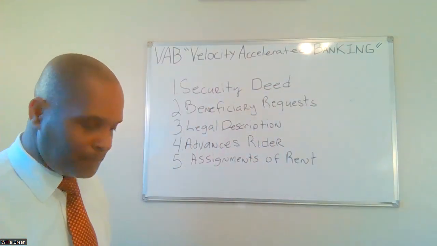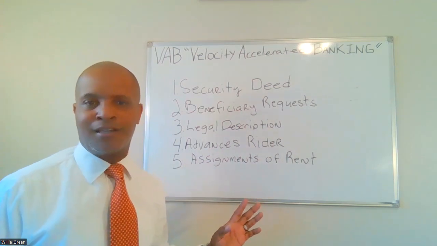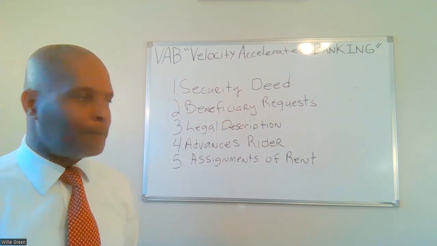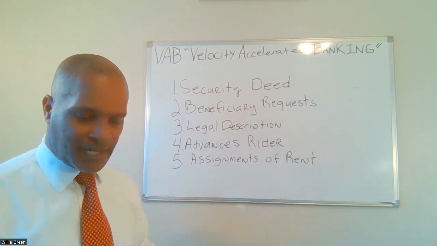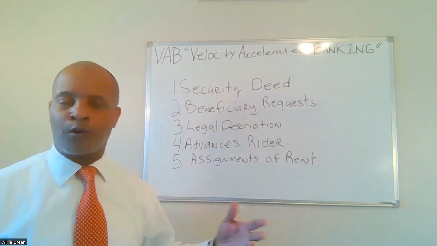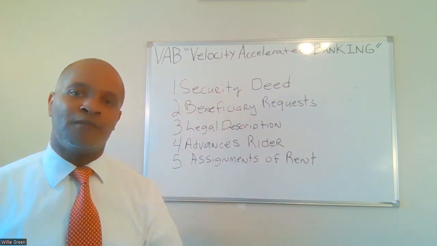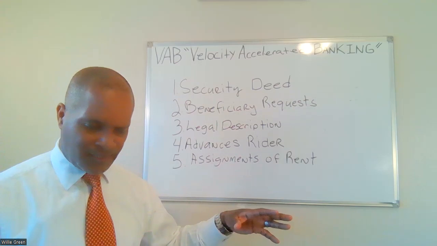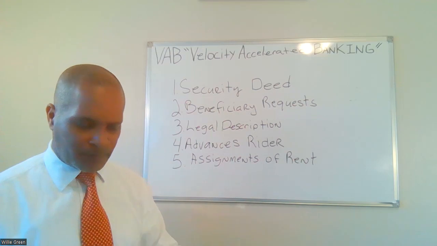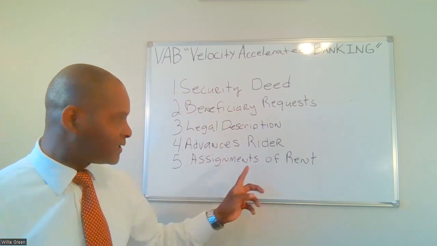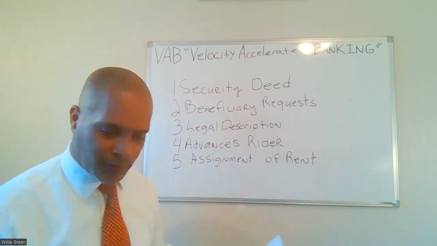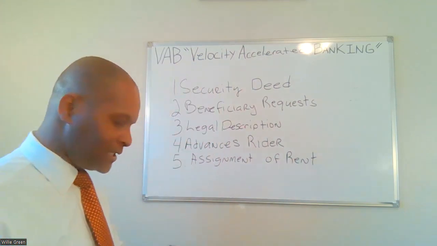And the last is assignments of rents. I looked this up before. The assignment of rents is that if I default, if I foreclose, or if something happens, the company may assign to any other company, individual, or group the right to receive monies from any tenants or anyone in the property, or receive money from the mortgage.